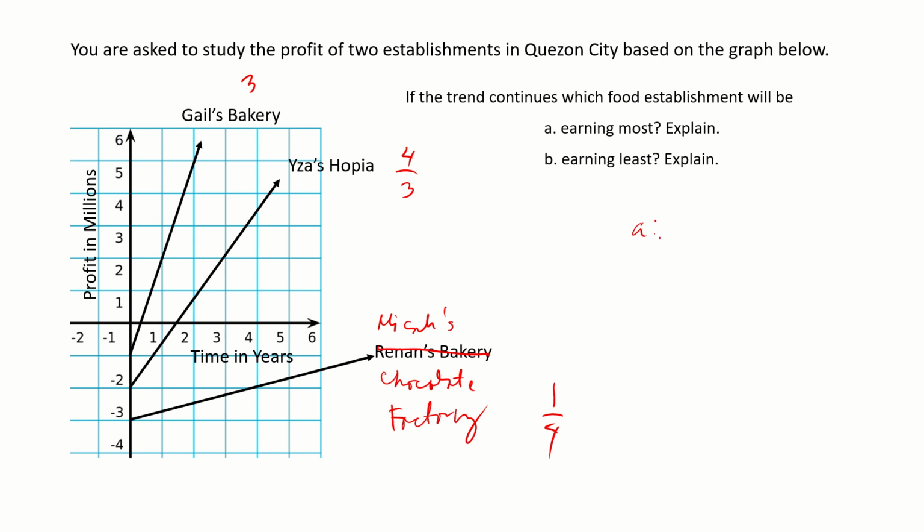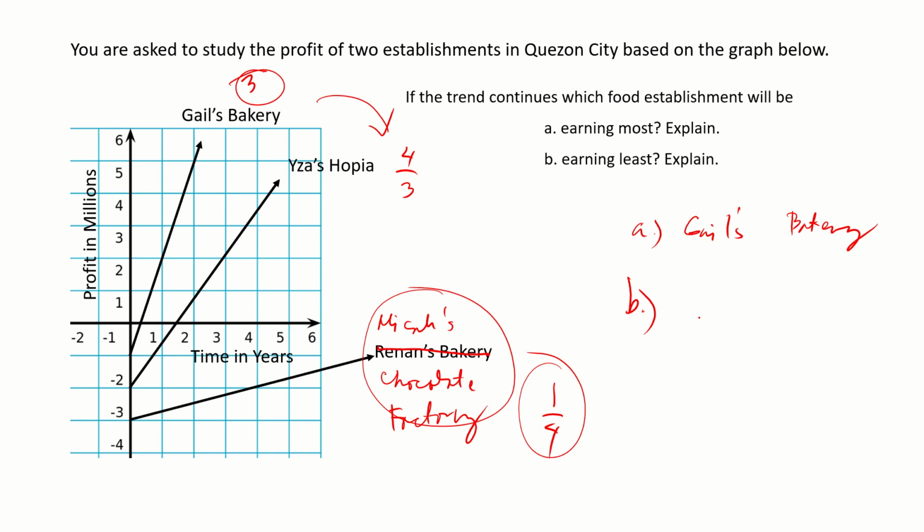So still, our answer here for A is Gale's Bakery because the slope is greater compared to Isa and Micah. And for the establishment that earns the least, it's Micah's Chocolate Factory with 1/4 as a slope. Compared to the other two, this is the least value.